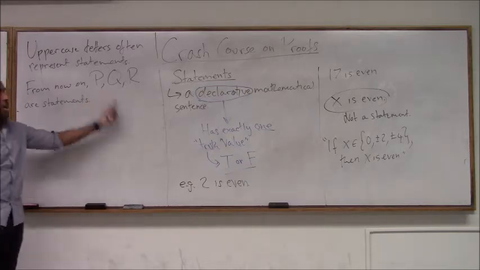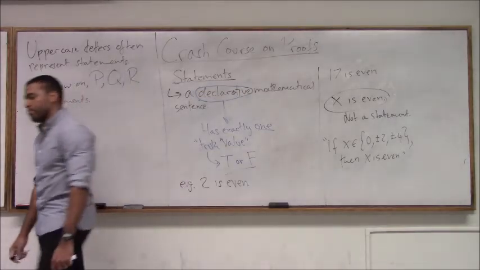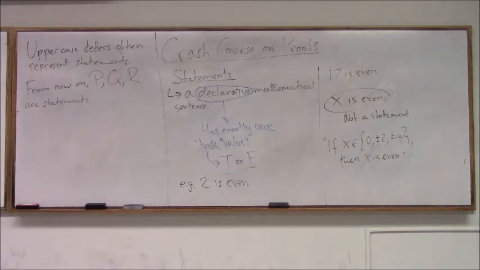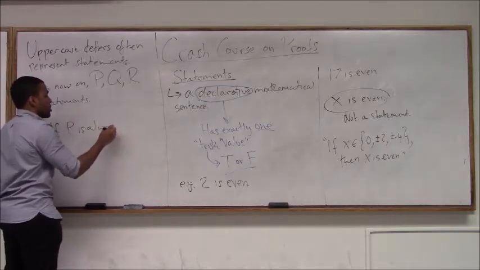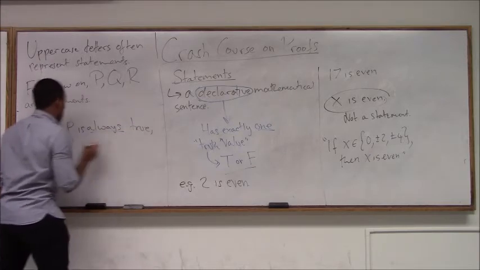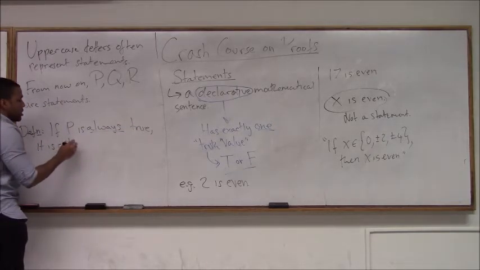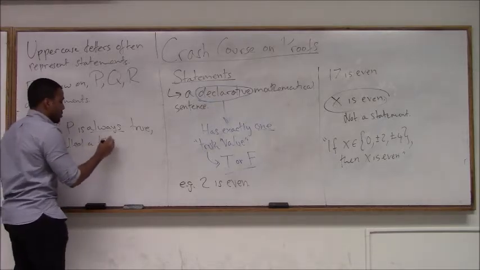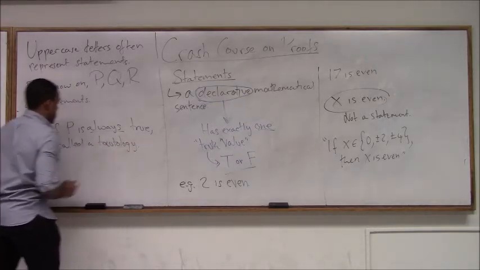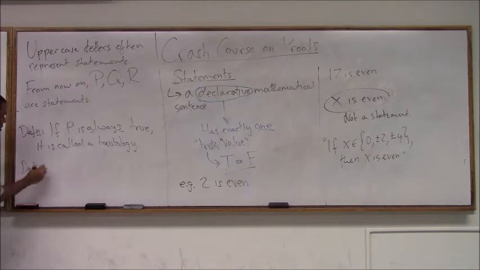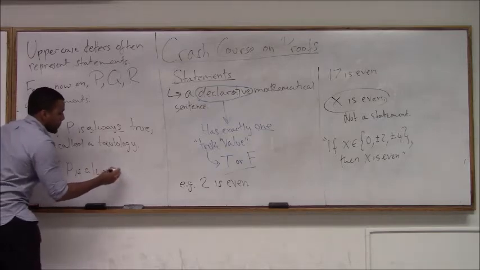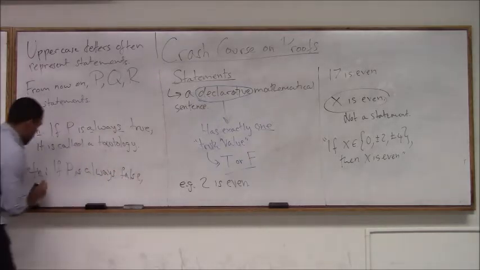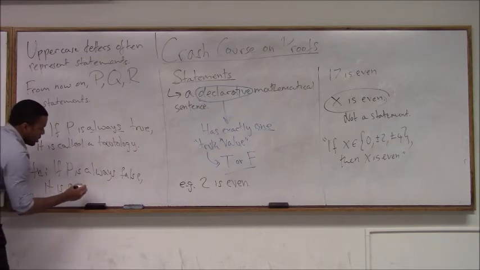They would represent some mathematical sentence that is either true or false. Definition: if P is always true, it is called a tautology. Another definition: if P is always false, it is called a contradiction.